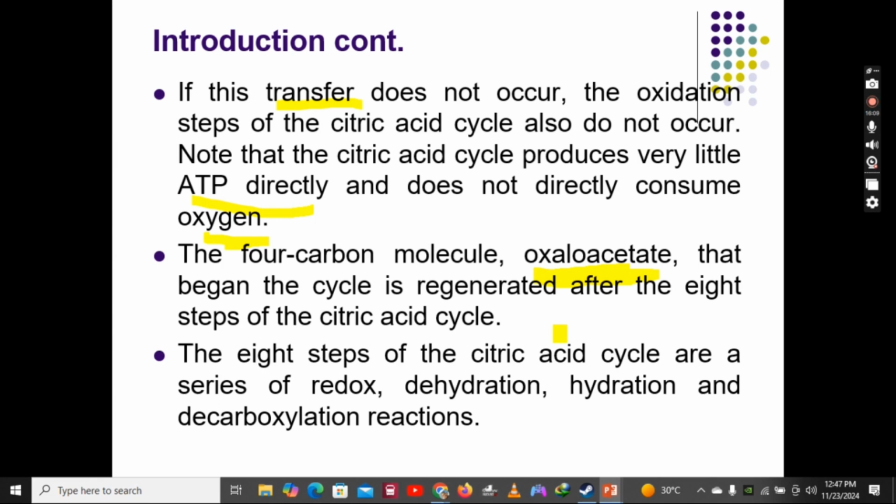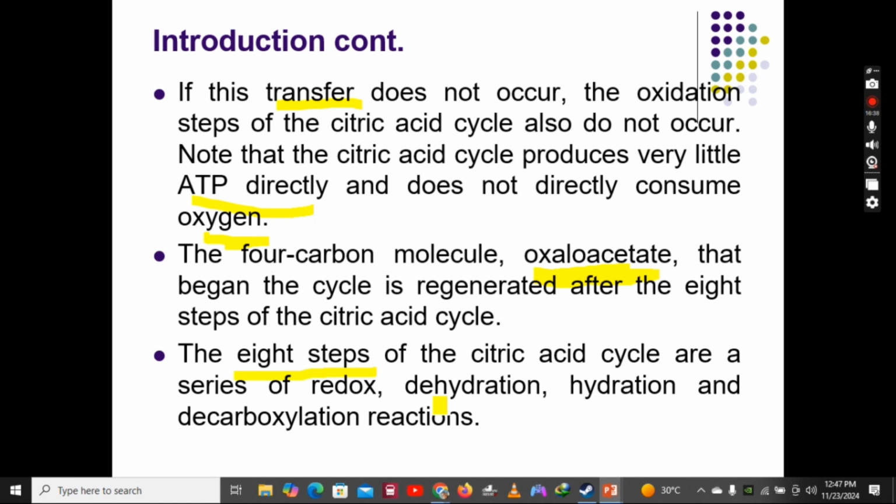So the citric acid cycle consists of 8 steps. In these 8 steps, what is involved? We have redox reactions, okay, reduction oxidation reactions.